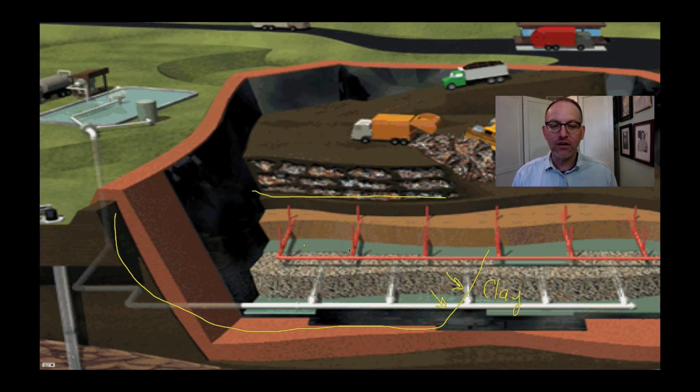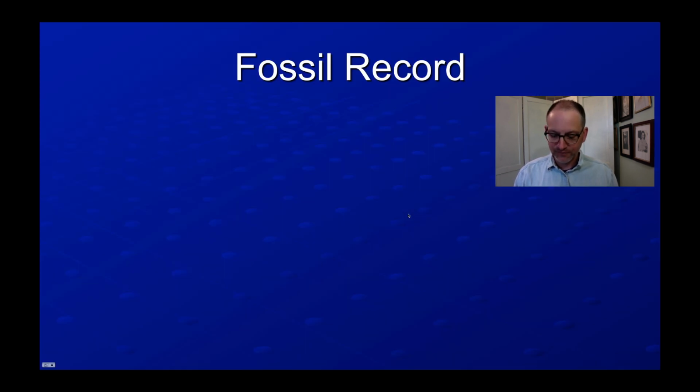Well, you get this layer of garbage. This was yesterday's, and this was the day before. And as you get more and more garbage, it piles up. Now think about it. Where would you find the oldest garbage? Well, the stuff that was put in first. So down here is going to be the oldest stuff.